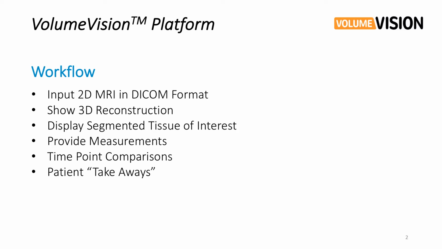And with very limited user interaction, the tissue of interest is displayed as a segmented object, meaning the disc, for example, will be shown in isolation and then ultimately in the context of the surrounding anatomy. The software has measuring tools and time point comparisons, and will also provide output of JPEG and picture images for the user and the patient to take home and look at their condition.